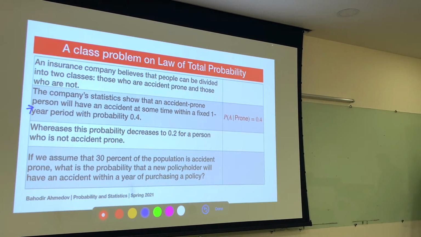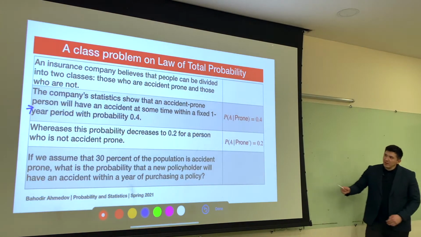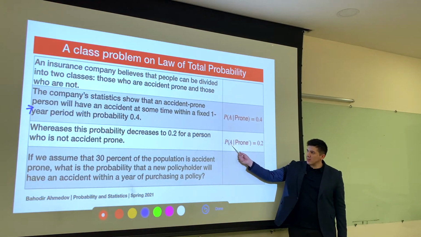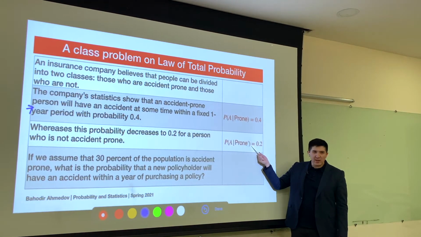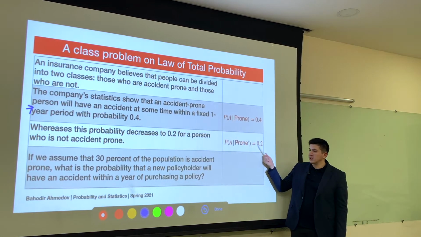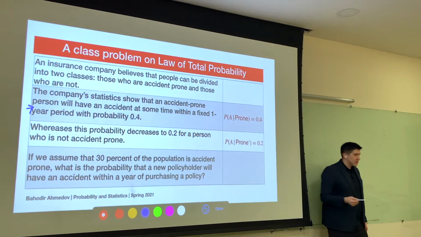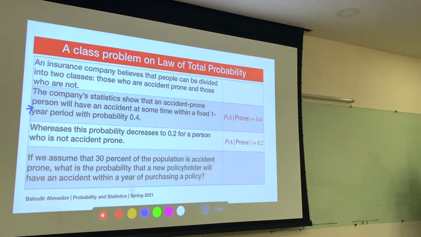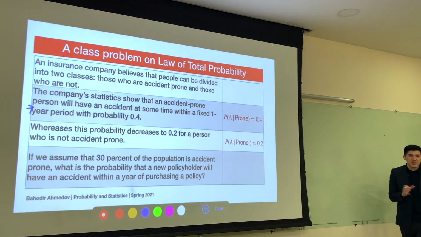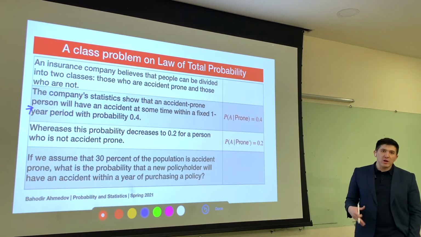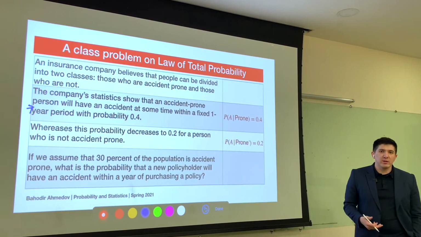P of A, vertical line, prone prime, right? The probability that the person is going to have an accident, if he's not accident-prone, is going to be 0.2, okay? What we also know is that 30% of the population are accident-prone. How can we write this down?